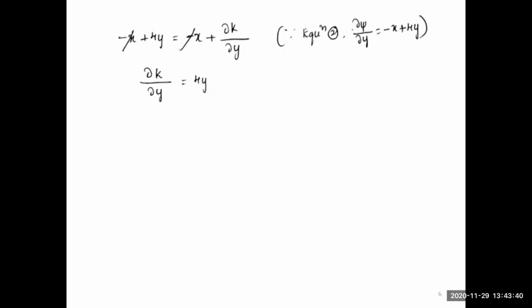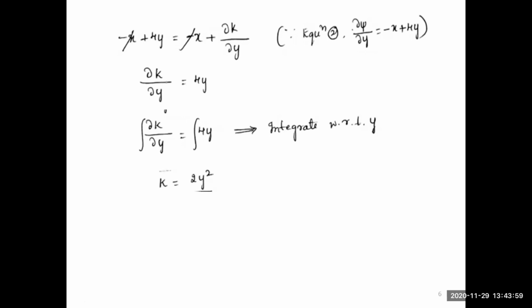Now to get the value of k, you have to integrate with respect to y. The integral of ∂k/∂y is k, and the integration of 4y is 2y square, because integration of y is y square by 2, and 4 divided by 2 is 2.